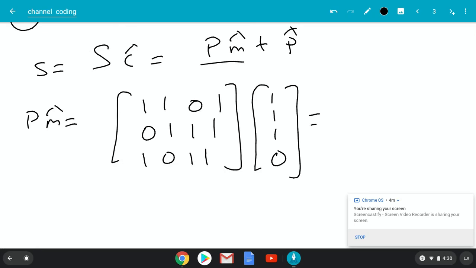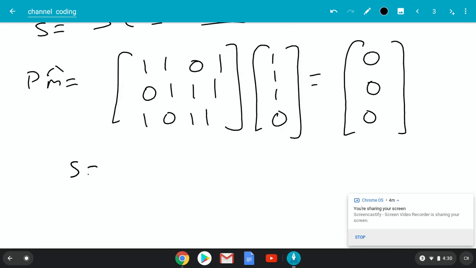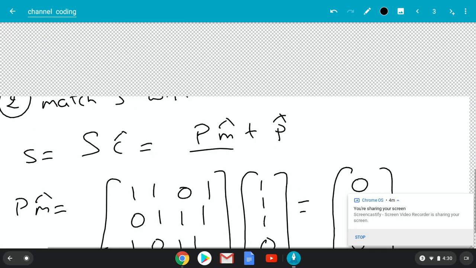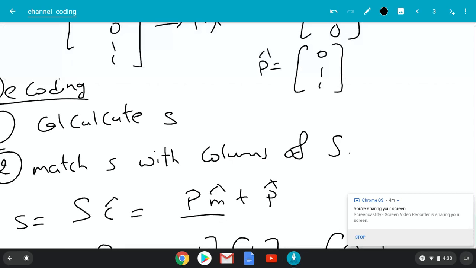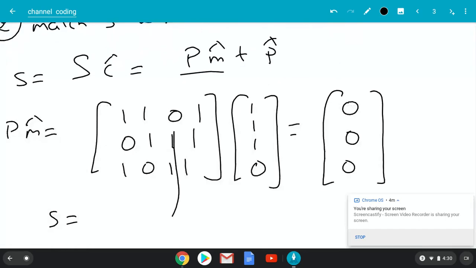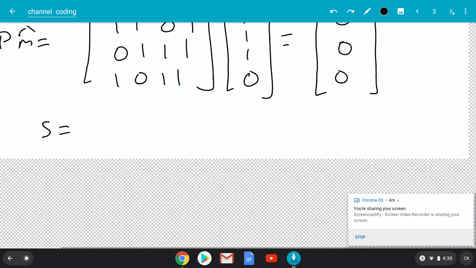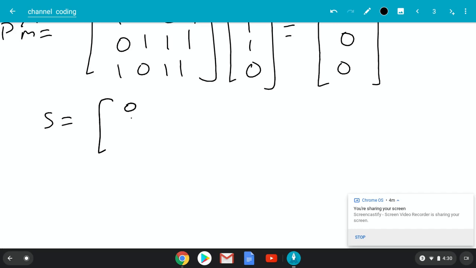So what do I get here? This should be the sum of the first 3 columns. So 000. Okay, so P times m hat is 000, right? So that means my syndrome should just be equal to p hat, and the syndrome will be equal to 011. Okay, syndrome is 011.